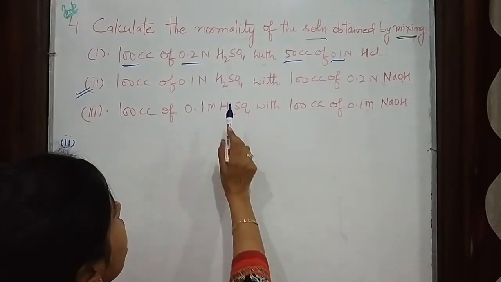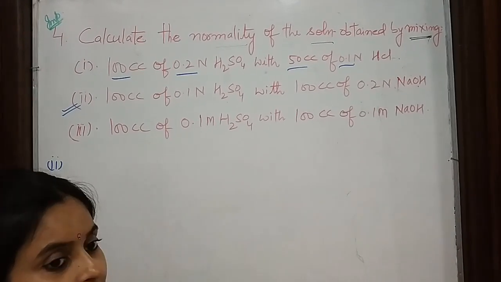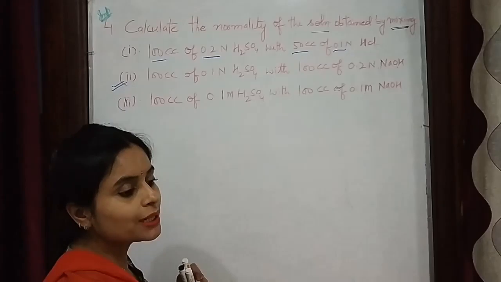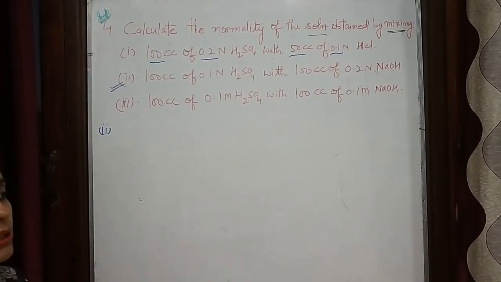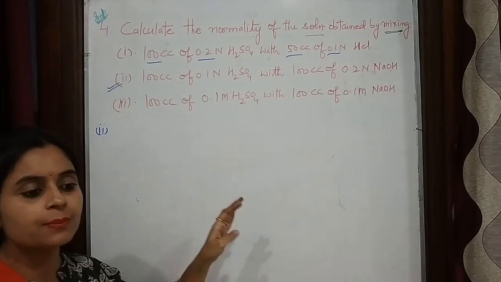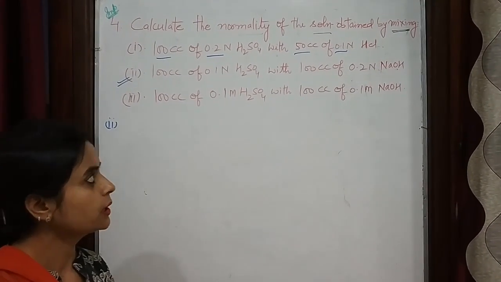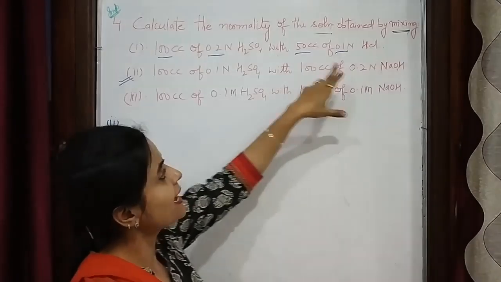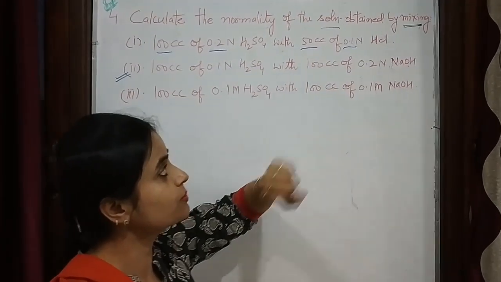Now here one acid is mixed with a base, and whenever acid and base are mixed together, neutralization takes place. Neutralization always takes place when we mix together equal or same equivalents of acid with base. But here the concentration of acid as well as base is not same. It is 0.1 normal, it is 0.2 normal.